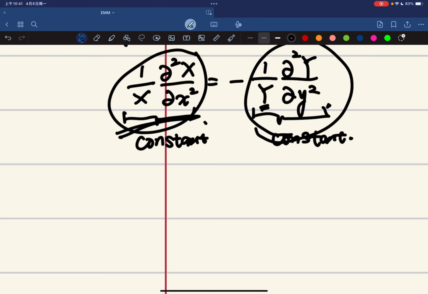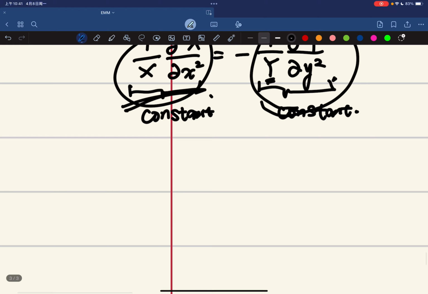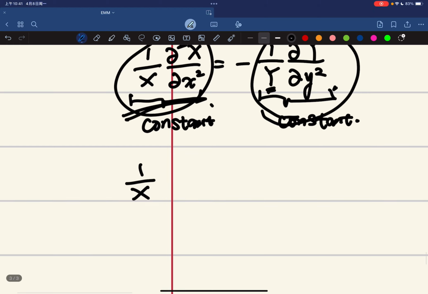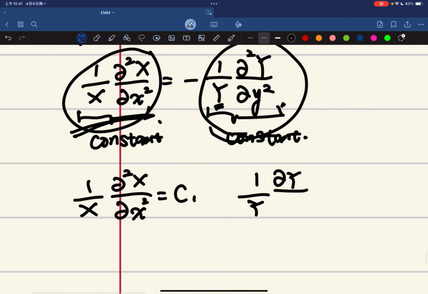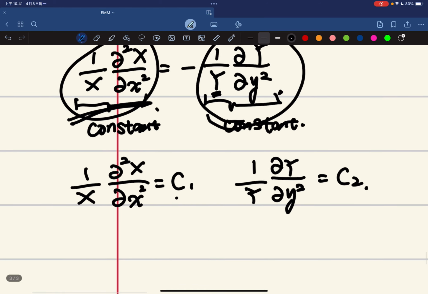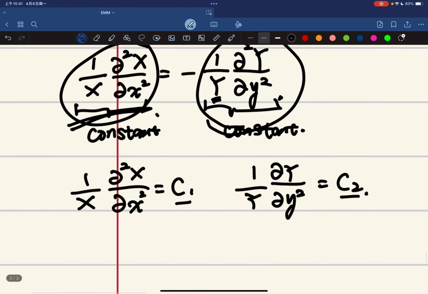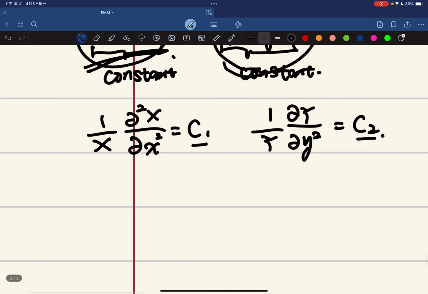So I know they have to be equal to some constant. So the left hand side equals some constant, C1, and the right hand side is the same, equals some constant C2, and C1 and C2 have opposite sign, because you can see the negative here, right? So I know that C1 equals negative C2.